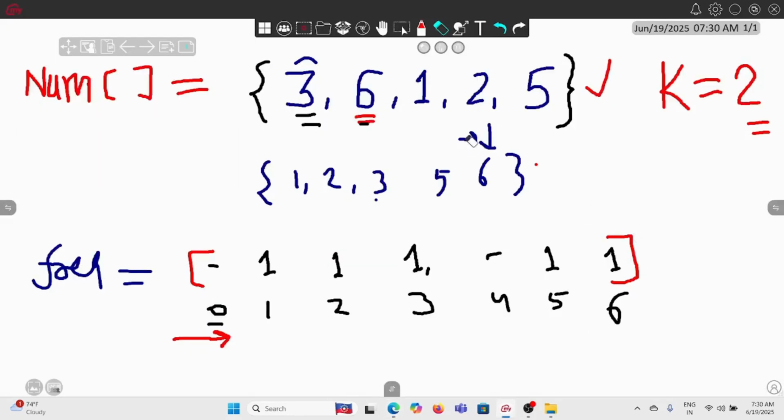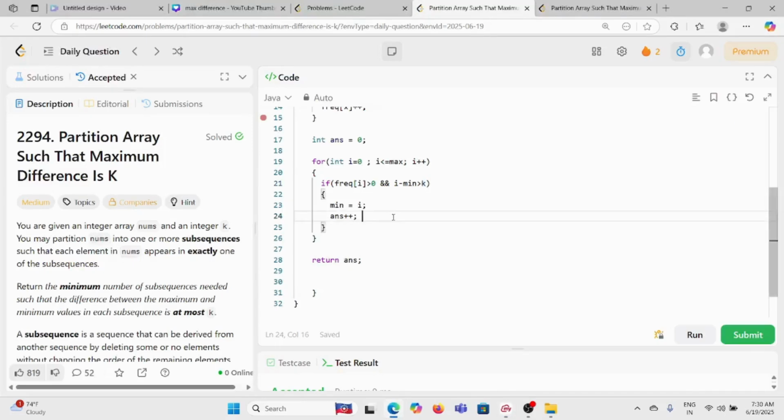Like in our case when 5 appeared, 5 minus 1 became 4, so it was violating the rules, right? So same way we are checking this condition. In that case we make a new min, starting with i, and we increase answer by 1. Same way we continue, and we return answer.